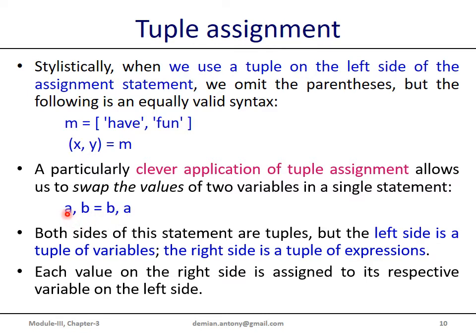The first variable in the tuple of variables gets the value of the first expression in the tuple, and b gets the value of the second expression, and so on.